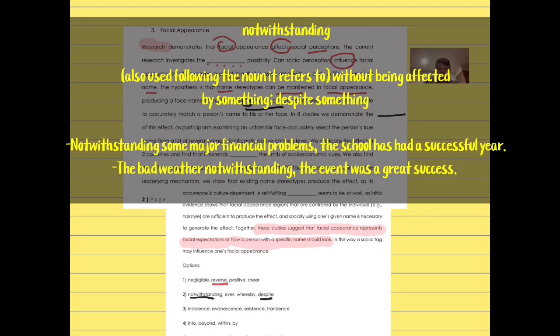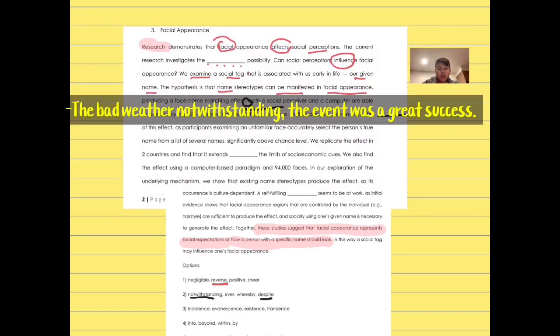We can paraphrase it like, despite some major financial problems, the school has had a successful year. Or another example for you, the bad weather notwithstanding, the event was a great success. Even if they have bad weather, the event still has a great success.